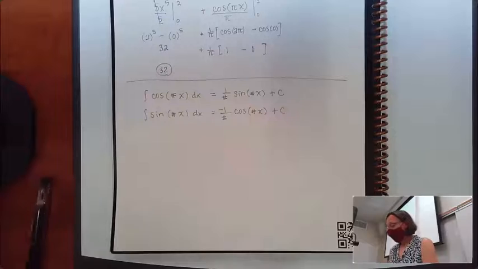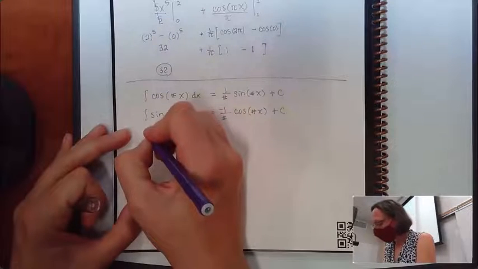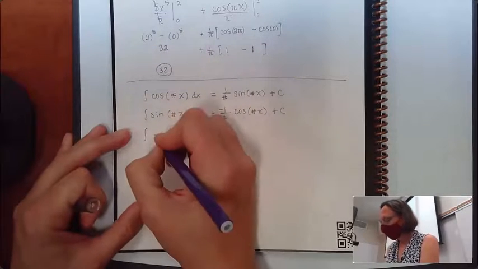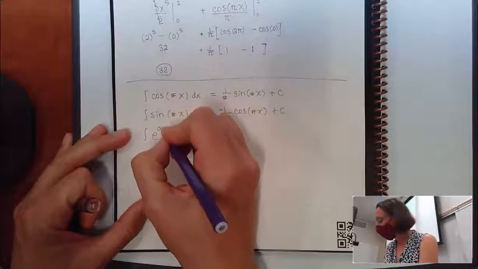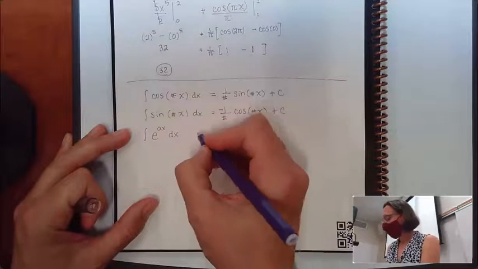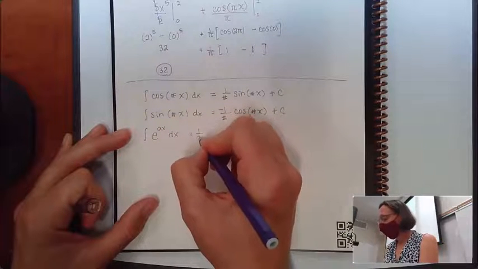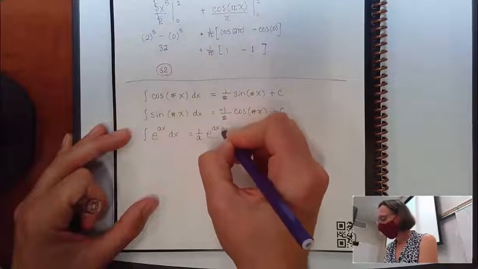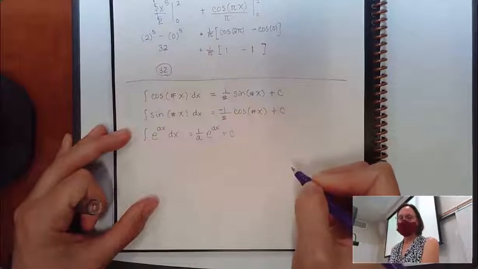Since we're already on a roll with this, I also want to point out that the same kind of thing happens when I have e to the ax dx and I'm integrating. I get 1 over a e to the ax plus a constant.